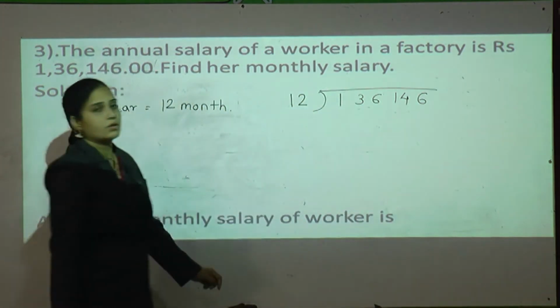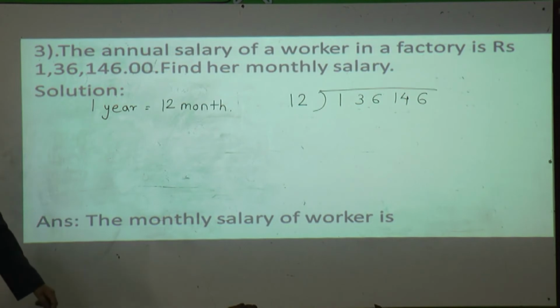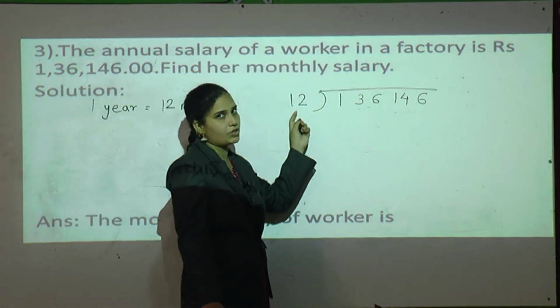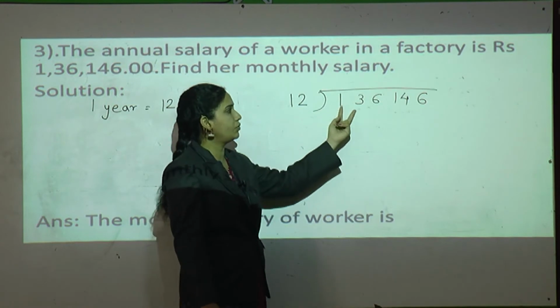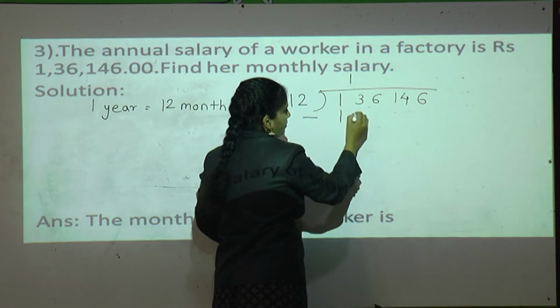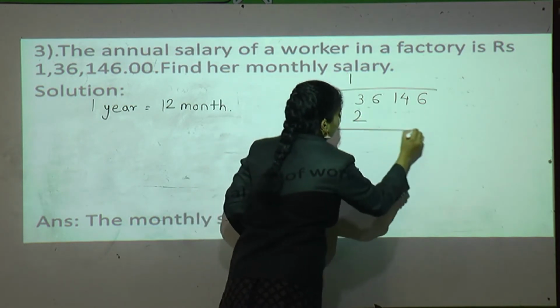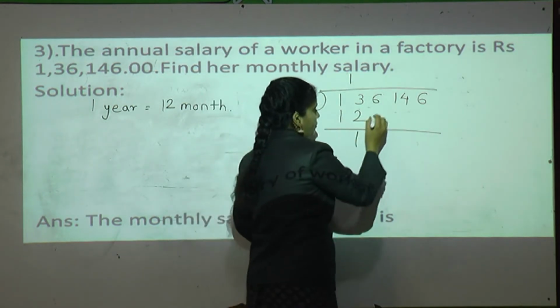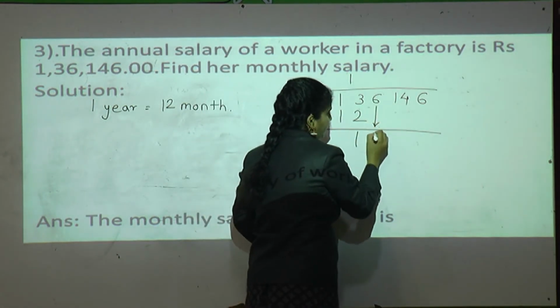Again students, here the first digit is 1. 1 is less than 12, so take 2 digits and 12 ones are 12. So students, divide 12 from 13, will get 1. Good. Again this 6 will come here.